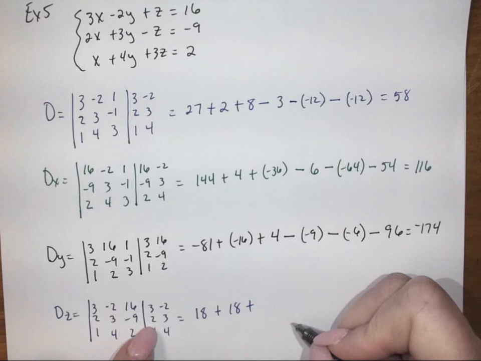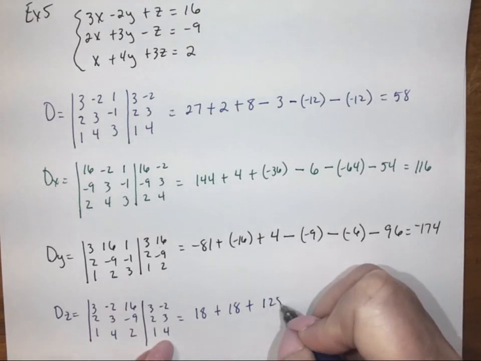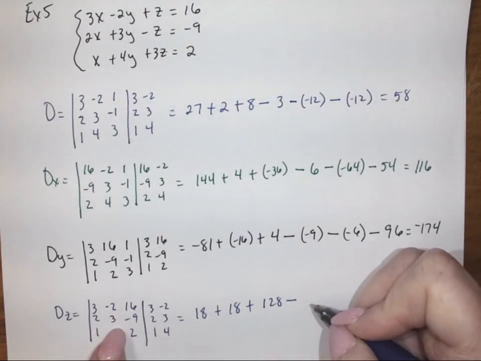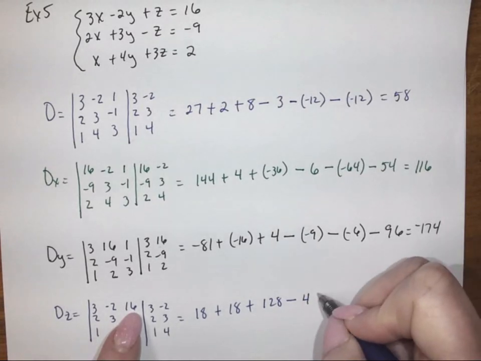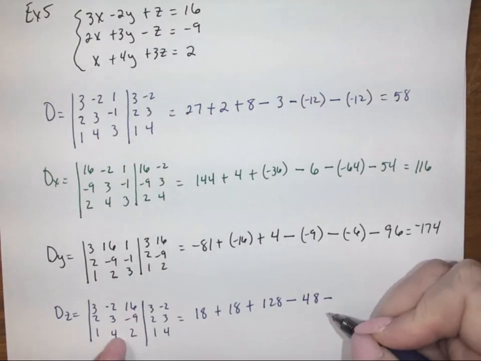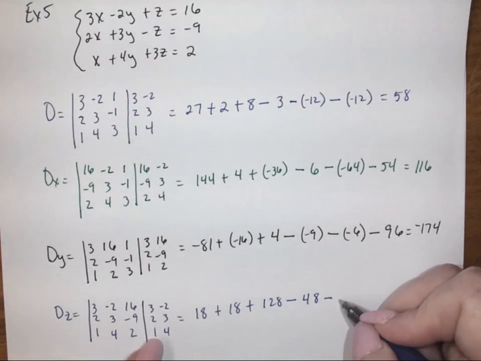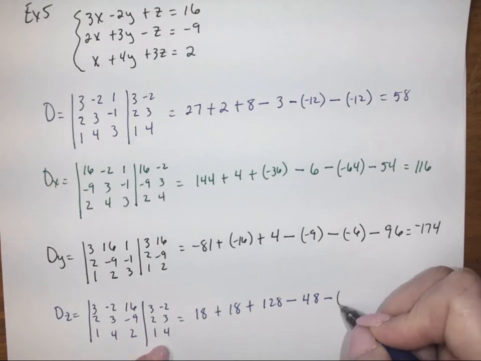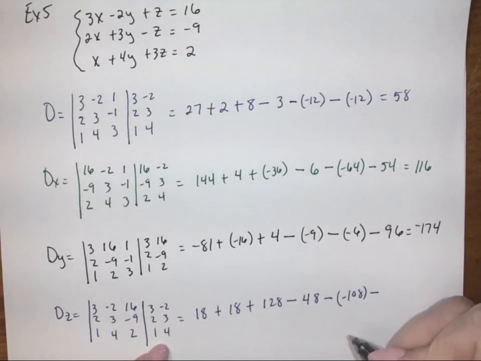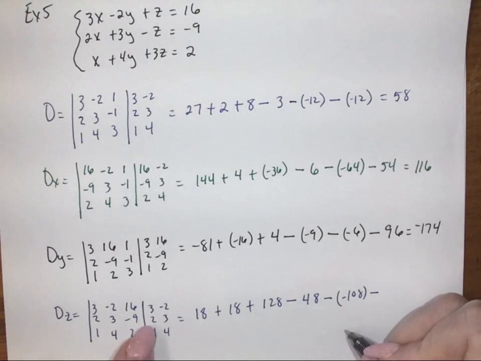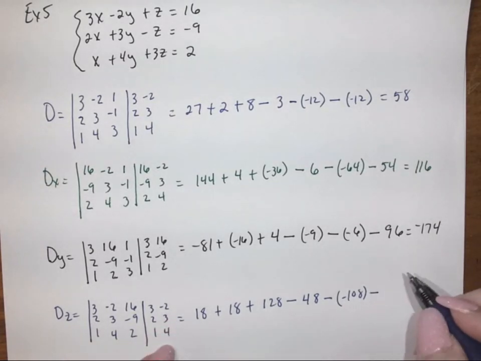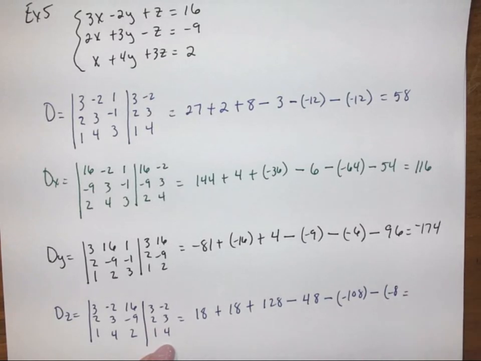Plus, we have 16 times 2 times 4, which is 128, minus 1 times 3 times 16, which is 48, minus 4 times negative 9 times 3, which will be negative 108, minus 2 times 2 times negative 2, which will be negative 8. And when we combine those together, we will get 232.